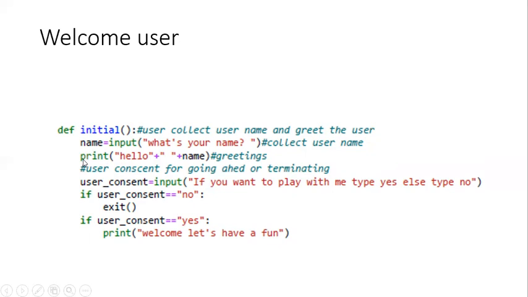See here we use the input function, which is an inbuilt function in Python. We also use print. The input function will take the user input and halt the program till the user has given their input. We also use the if statement, and exit is actually system exit.